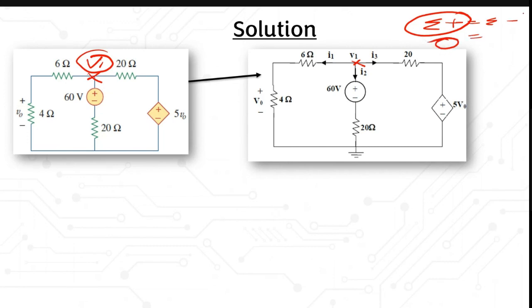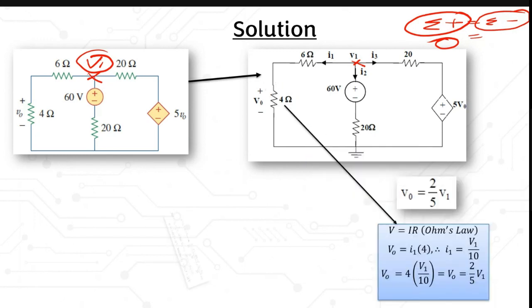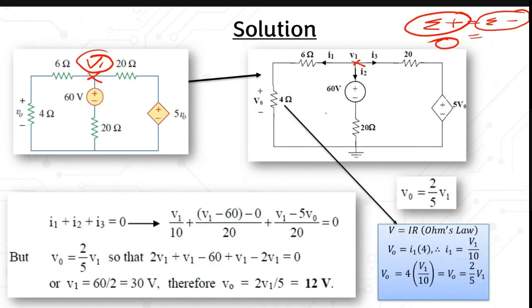You only have the currents leaving the node. So you have I1 plus I2 plus I3 equal to 0, where these are the currents leaving the node and there is no current entering.